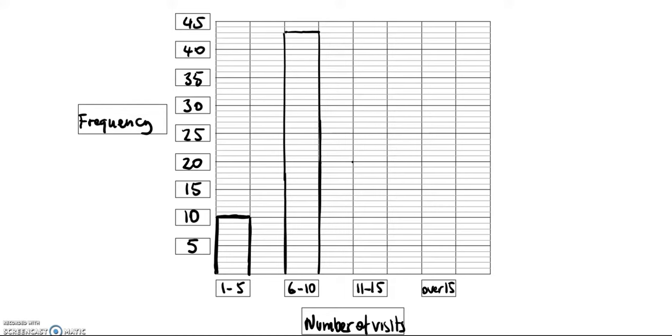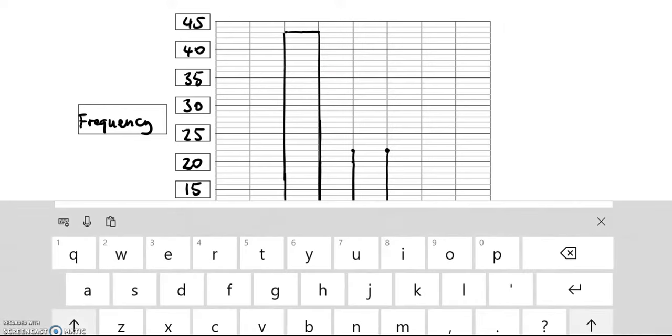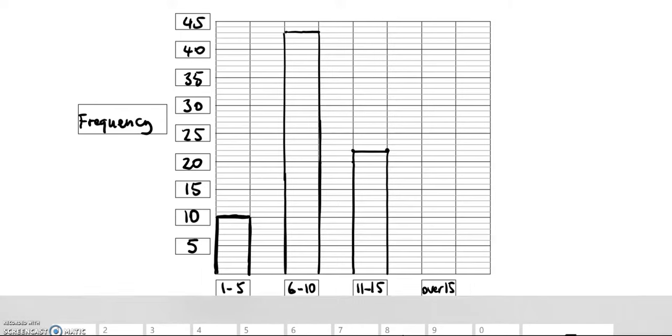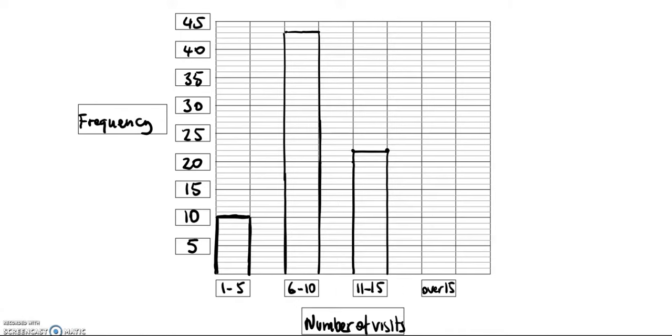So there is 20, 21, 22. And for over 15, that is 11.